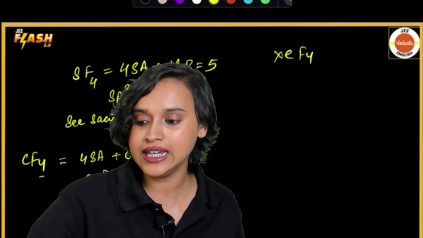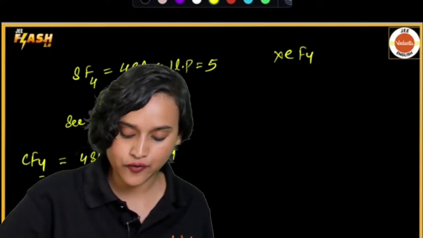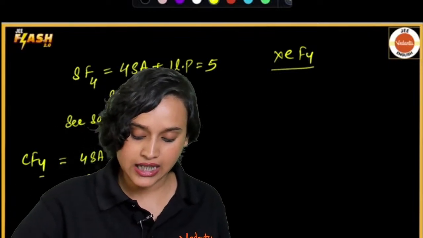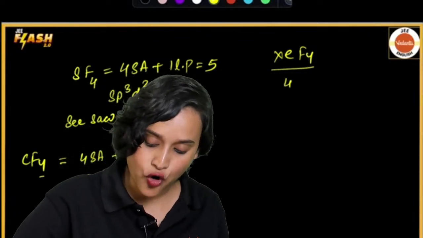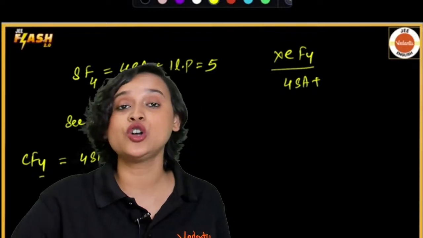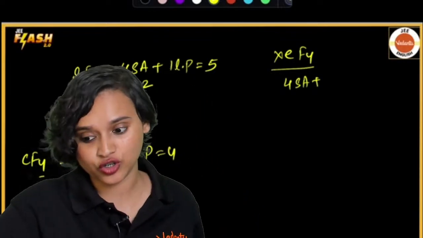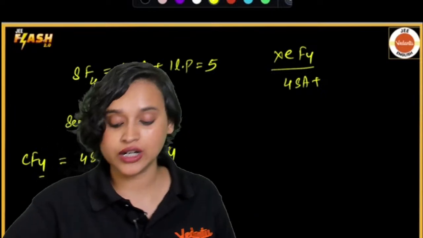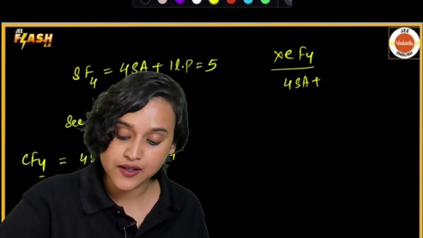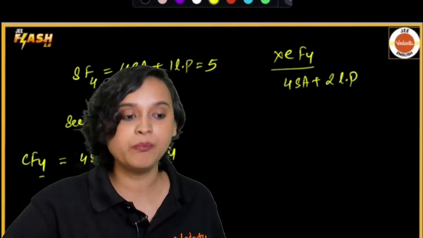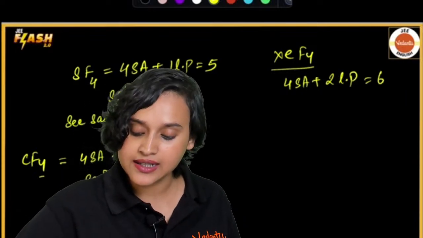Now, let us come to XeF4. So for XeF4, let us figure it out. You have 4 surrounding atoms, but we also know that xenon is a noble gas. That means it has 4 more electrons. So 4 surrounding atoms plus obviously 2 lone pairs we will have. That means our steric number is 6.